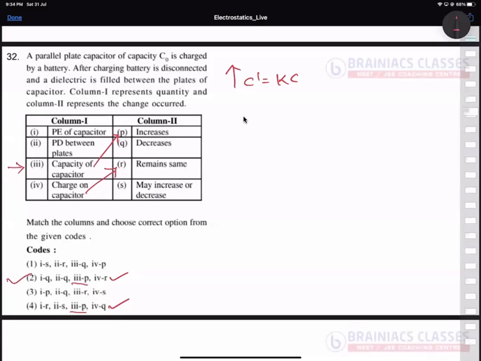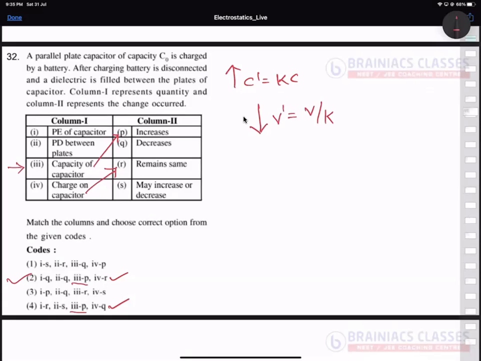Potential energy of the capacitor decreases, and the potential difference of the capacitor decreases. Potential difference, as we told in the previous question, V dash will be equal to V by K. With the dielectric, the potential comes down, and definitely the energy also reduces proportionally.